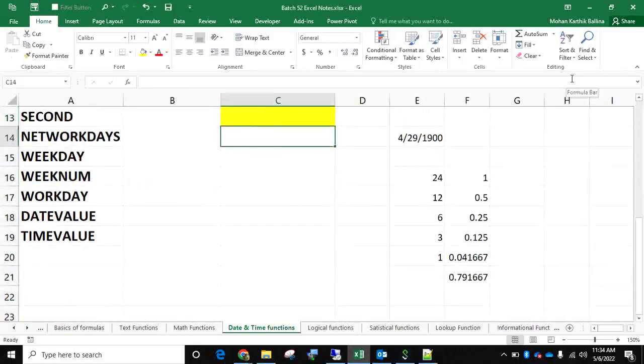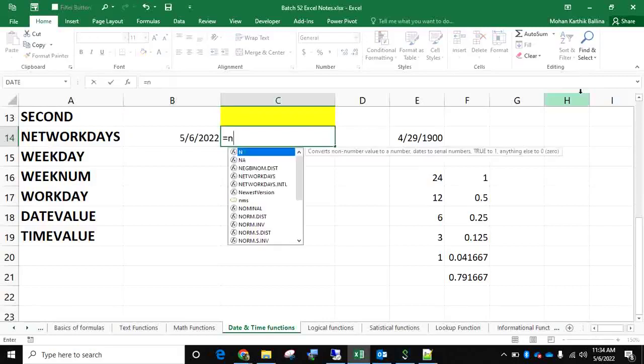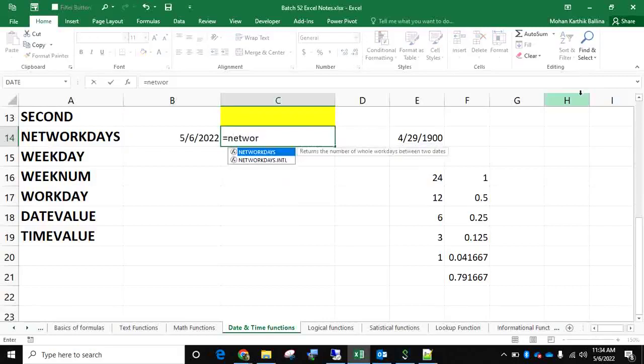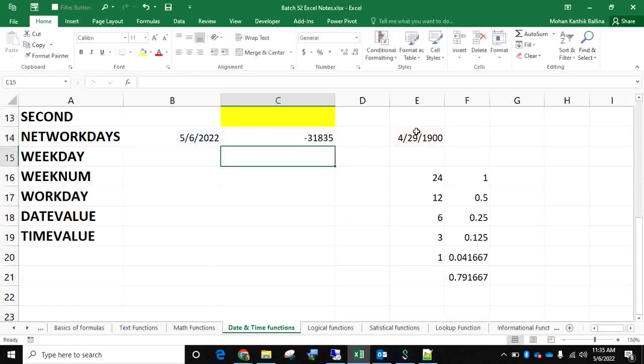Next, network days. Simple. Network days is how many days are there, for example, I have started a work. This is my start date and end date is this plus 20 days I'm giving. Or I'll do one thing, I'll give one more date. Just answer.